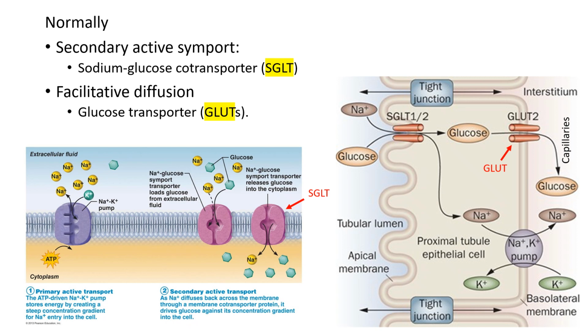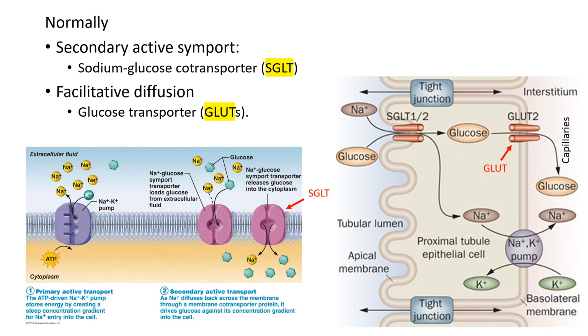Then sodium will flow down the gradient back into the cytoplasm through a secondary active transport called the SGLT cotransporter. As sodium flows down its gradient, glucose is going to hitchhike a ride into the cell. That is one type of normal movement for glucose.